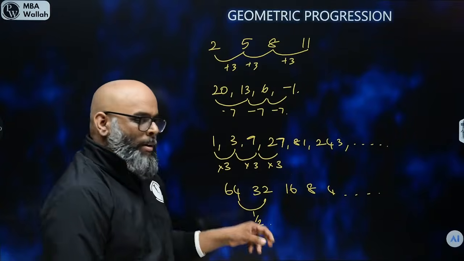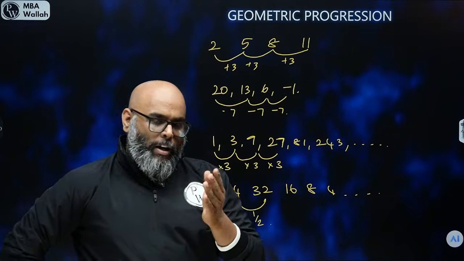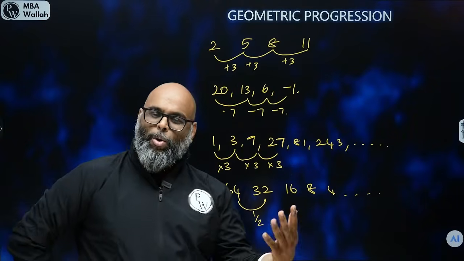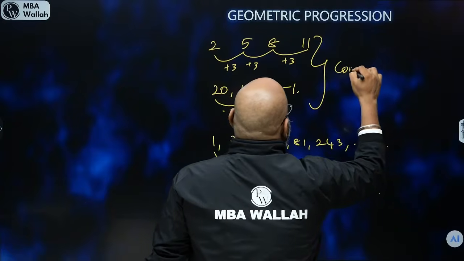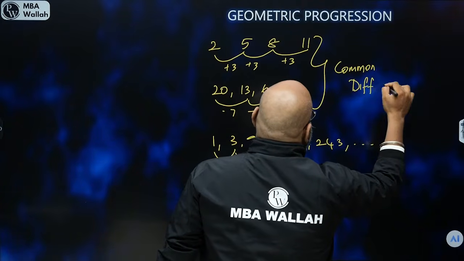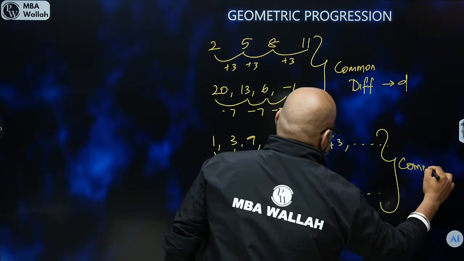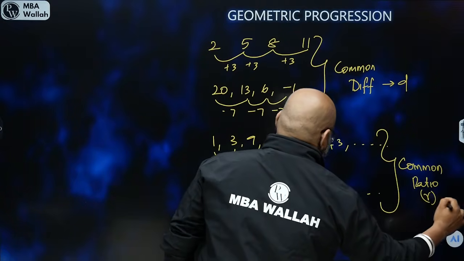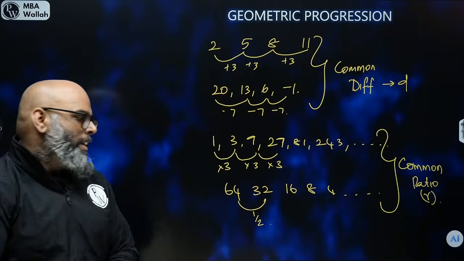Here we call it common ratio. Here it is 1 by 2. You are dividing it by 2, or I will say multiplying it by 1 by 2. So they both mean the same. Here we call it common difference, that is D. Here we call it common ratio, that is R. Clear? Simple idea, nothing tricky about it.